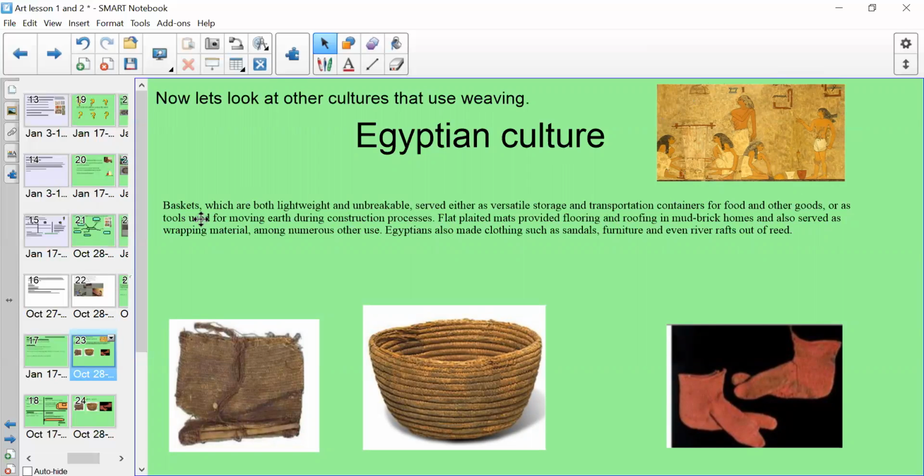So baskets that they weaved were very light and unbreakable, and they served as versatile storage and transportation containers for food and other goods. So they would have put food in the baskets and other items to transport, or as a tool for moving earth during construction processes.